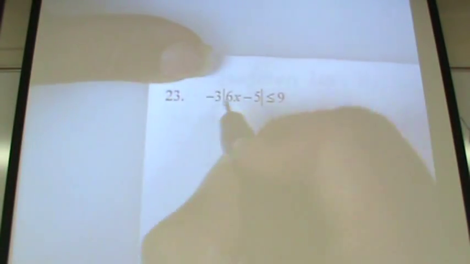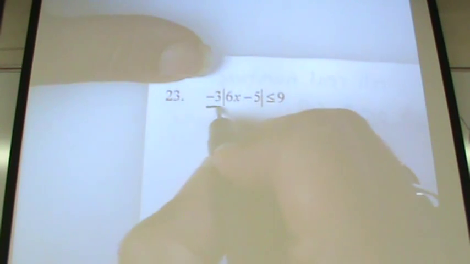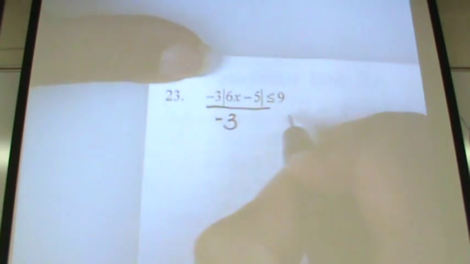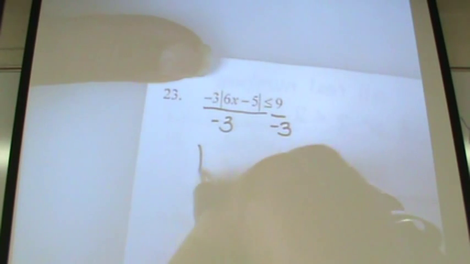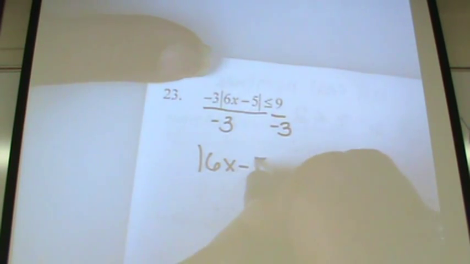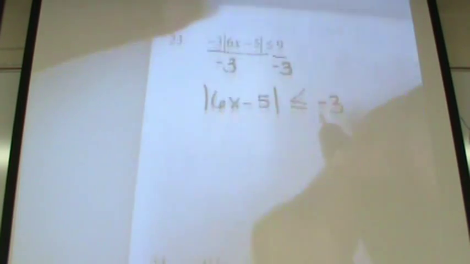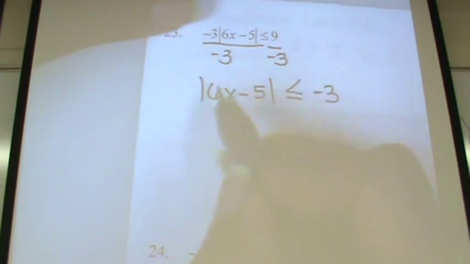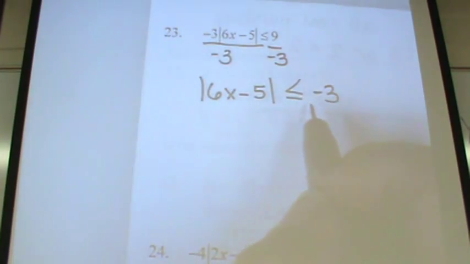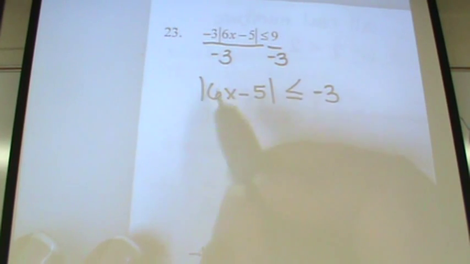Next, 23. This is a less than, but we have a negative 3 out here. So we're going to divide both sides by negative 3, and we get absolute value of 6x minus 5 is less than or equal to negative 3. Now, when you take the absolute value of any number, it's always going to come out to be positive.